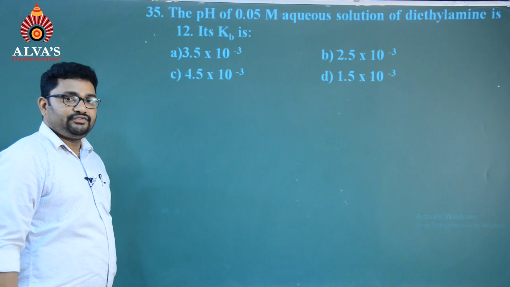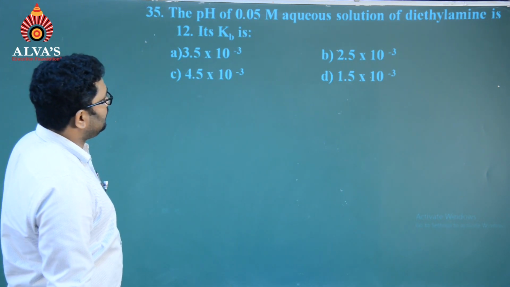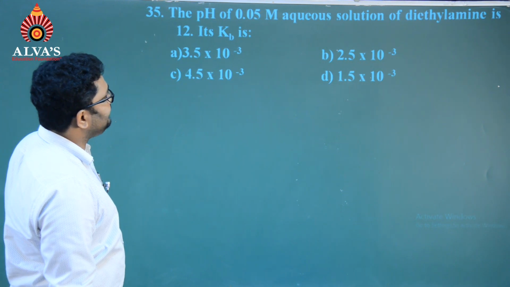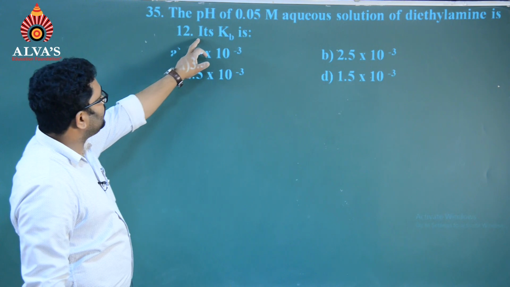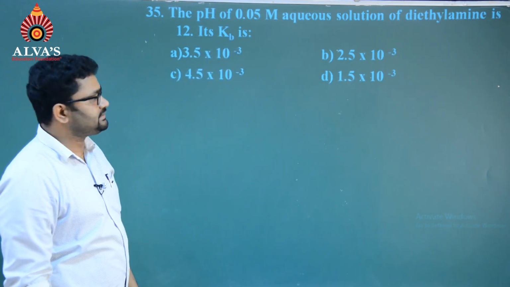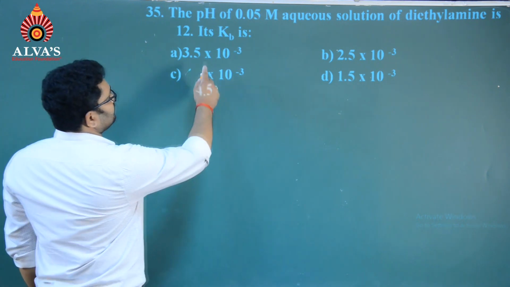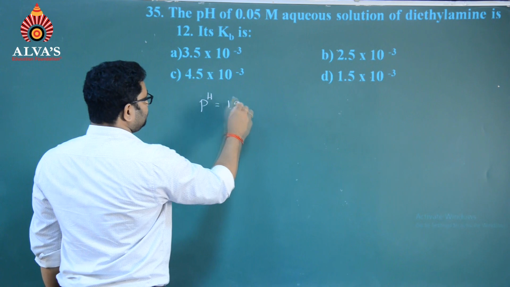Students, question number 35. The pH of a 0.05 molar aqueous solution of diethylamine is 12, the pH is given. Now, we have to find the Kb value, that is the dissociation constant of a weak base. The pH value is 12.